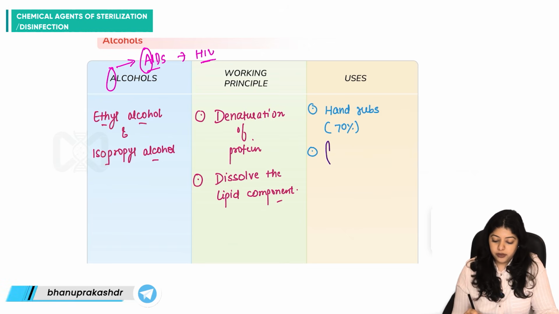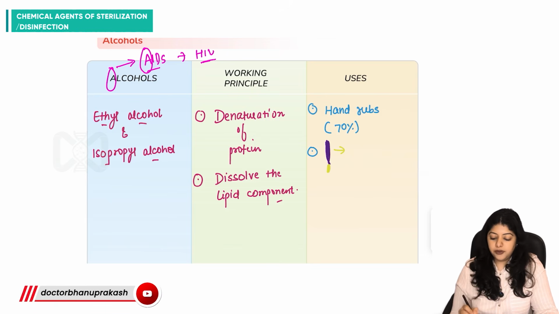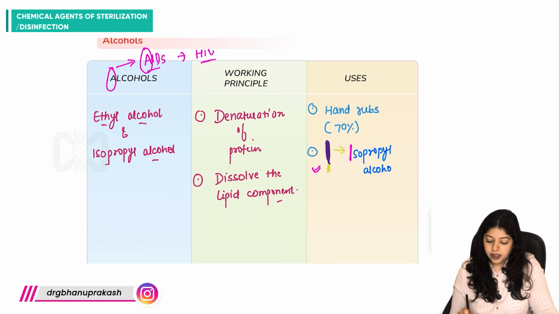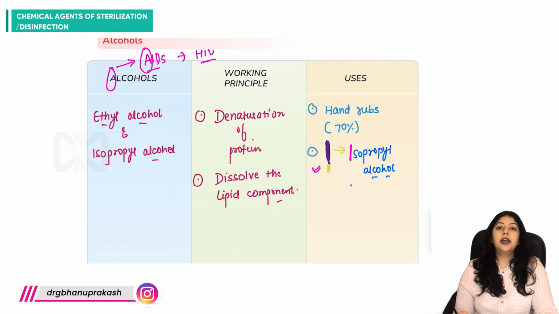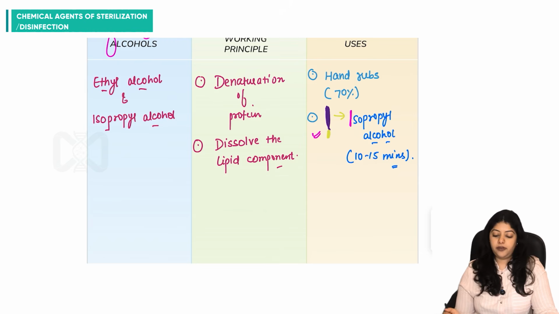When we are talking about a thermometer, we have mercury as well, right? So with thermometer, we can remember the shape of the thermometer and the first letter of the alcohol, that is isopropyl alcohol. And how are we going to disinfect it? We are just going to dip the thermometer for around 10 to 15 minutes in isopropyl alcohol, and then we are able to achieve the disinfection.